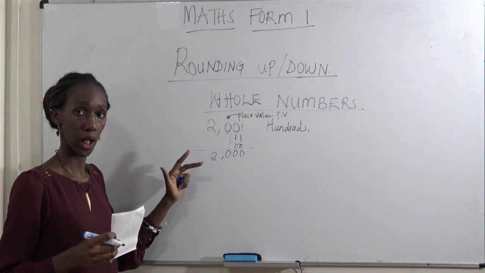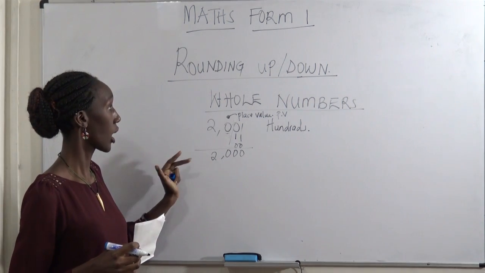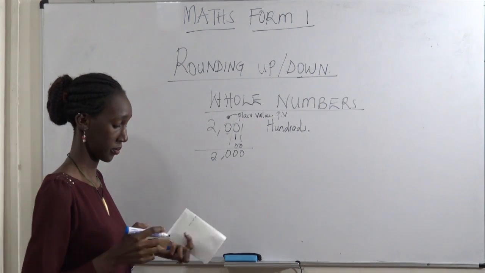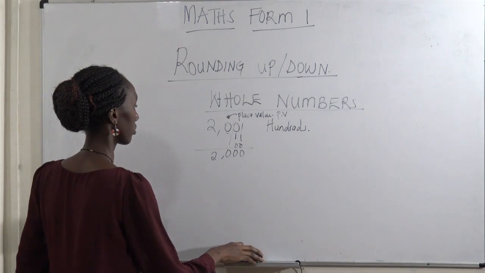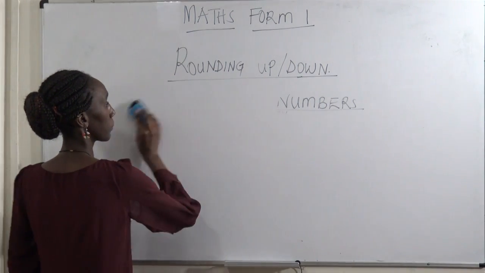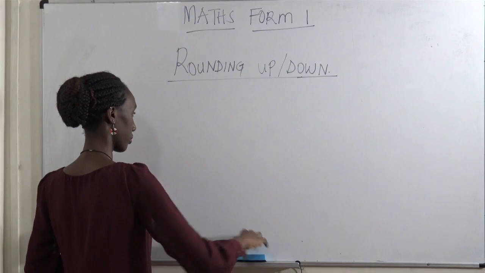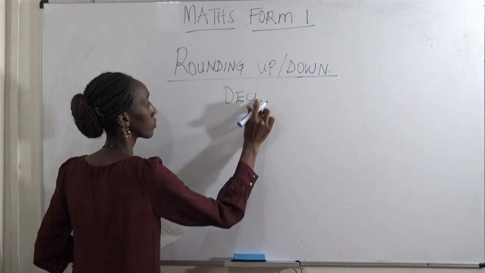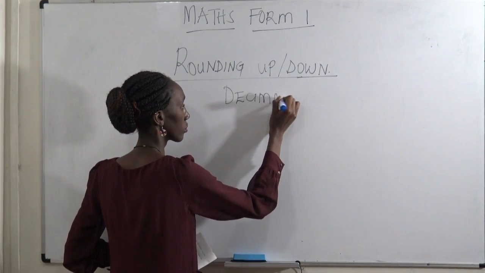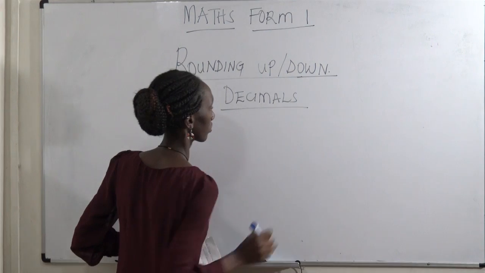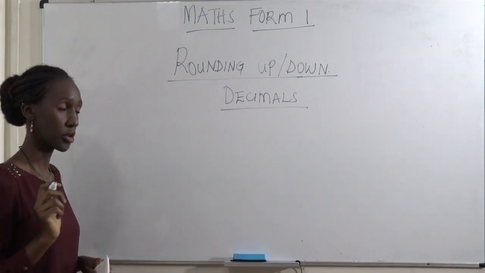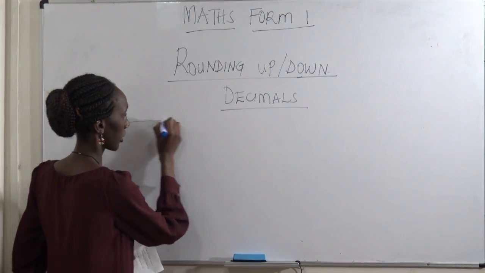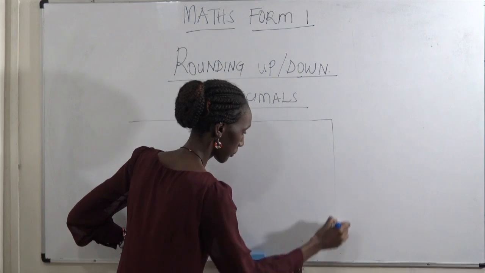So we've looked at whole numbers. Let us look at how to round up numbers or down when you're having decimals. If you can remember the table of the place values, so we had our table there.